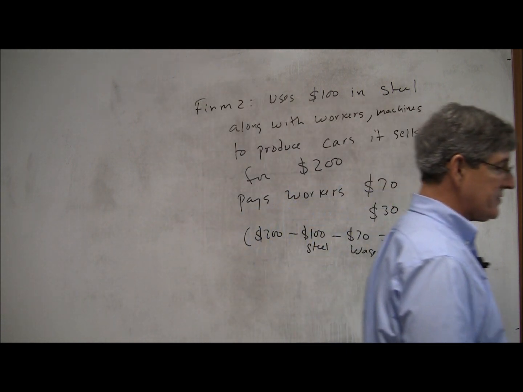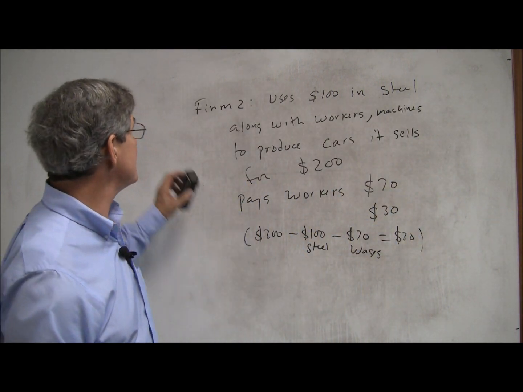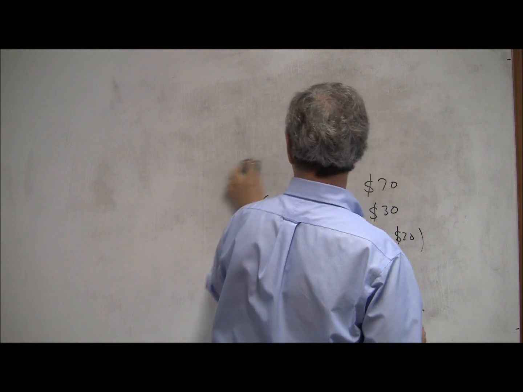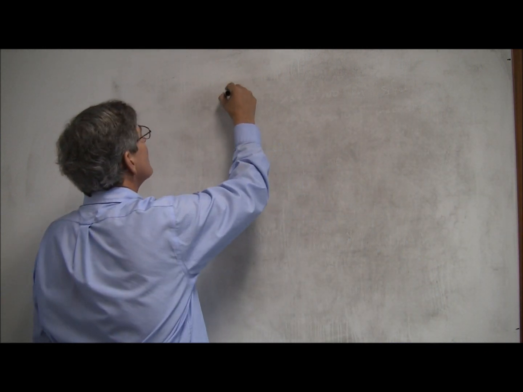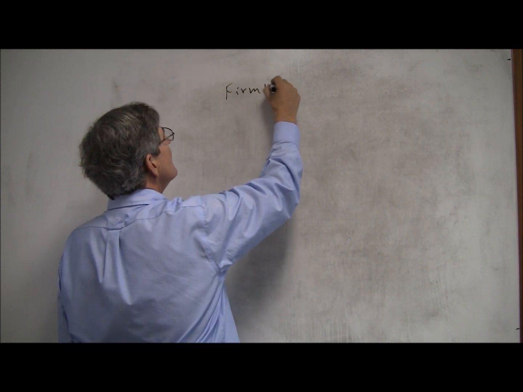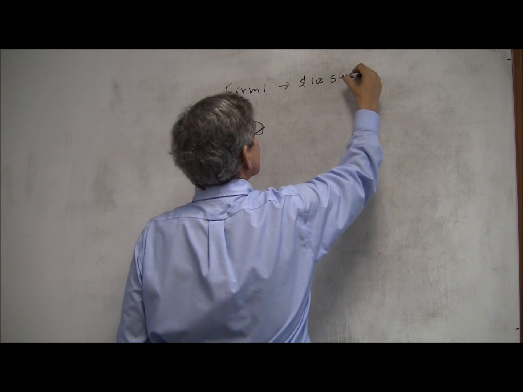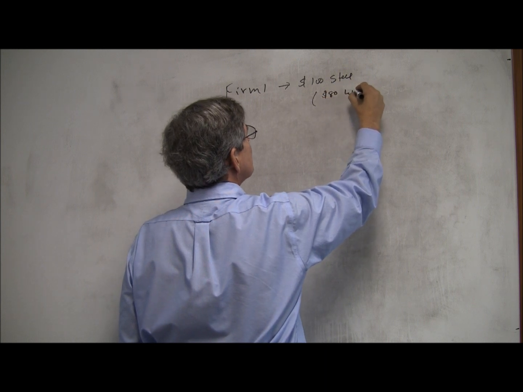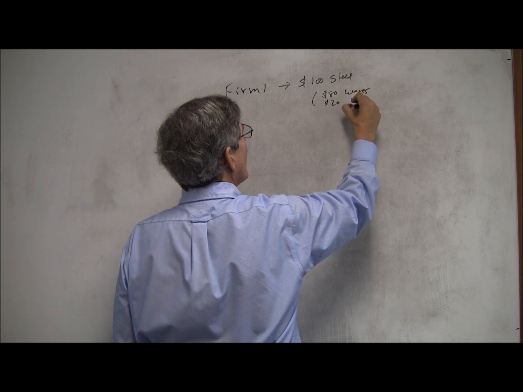And how can we measure it in these three different ways? Well, for the first way, what is GDP? If we're only going to measure the final goods and services. Okay, now firm one produced 100 in steel, and if we recall, that was 80 in wages and 20 in profit.